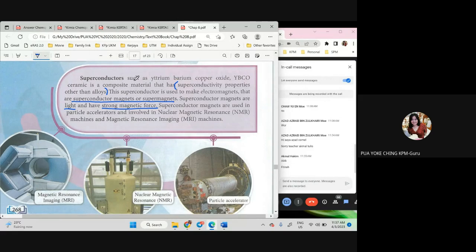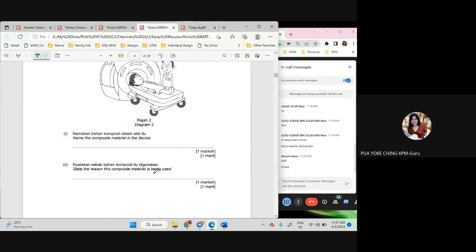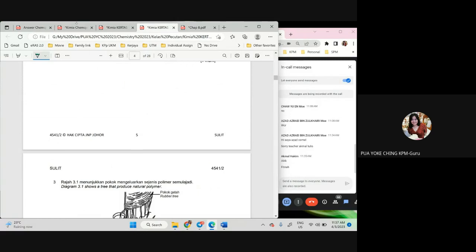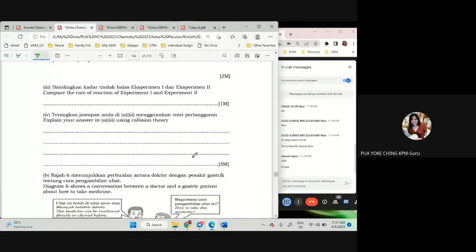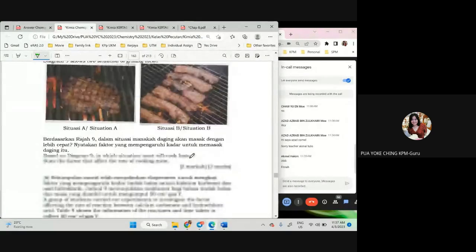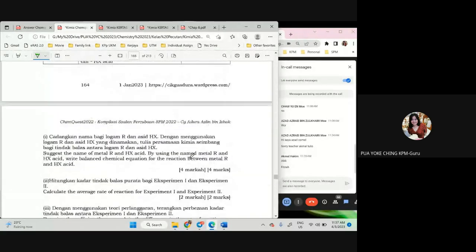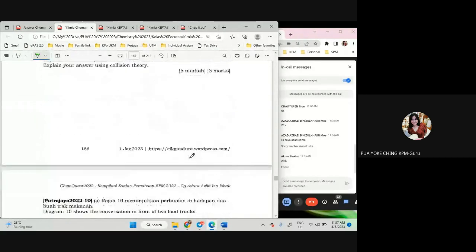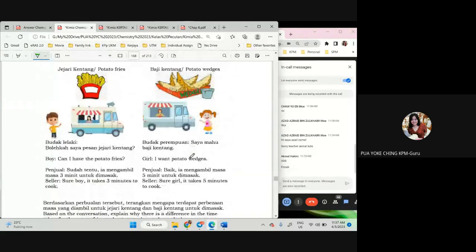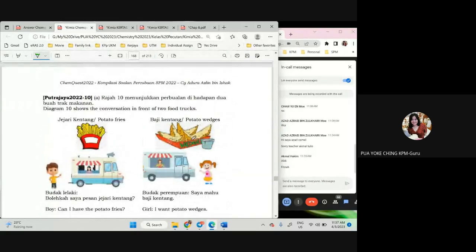Dan kita sambung soalan 2 dah habis. So kita tengok sikit apa contoh-contoh negeri lain. Ini ya.